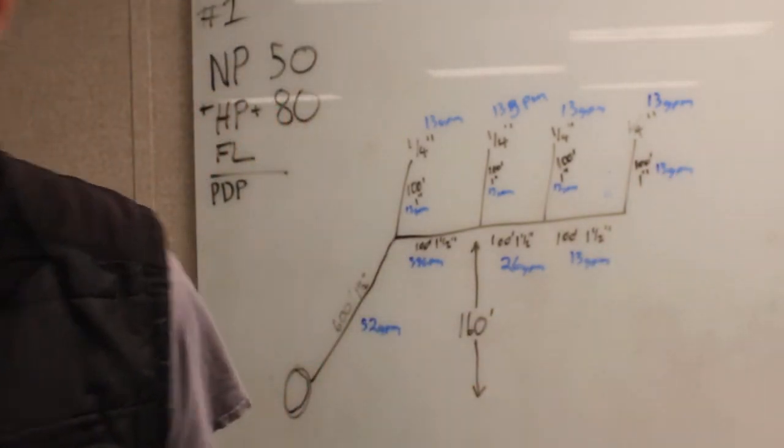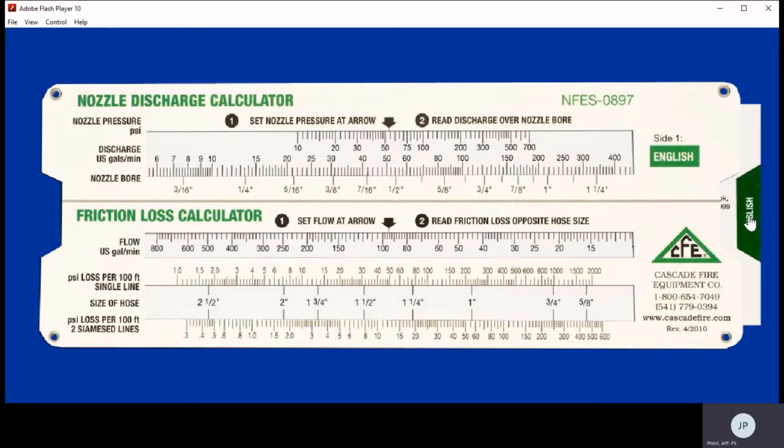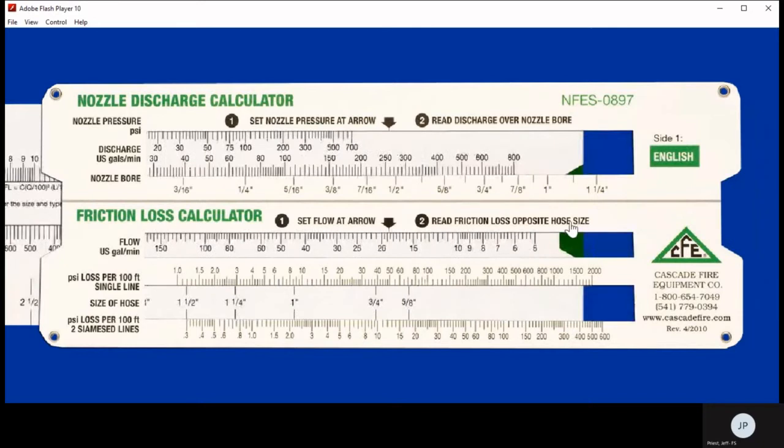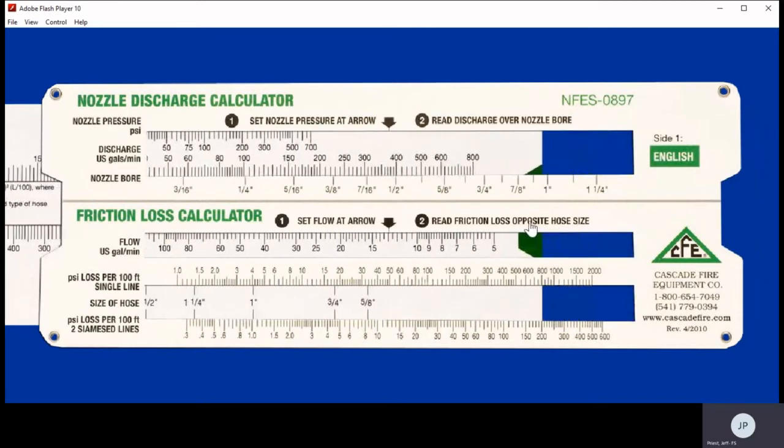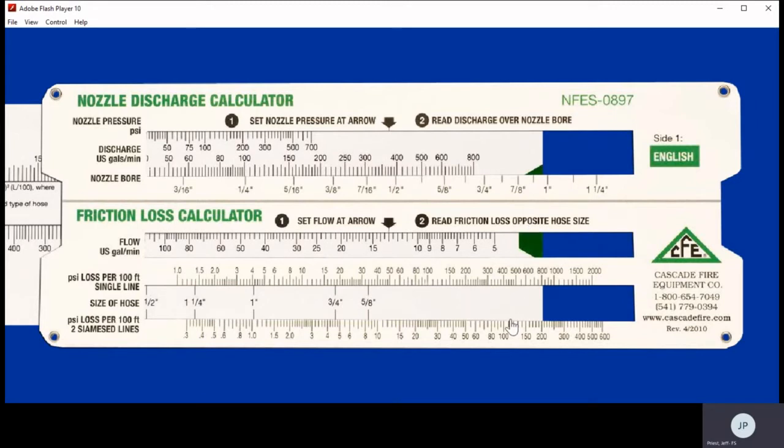I'm looking at 1 inch hose, 13 gallons per minute. I come down here and I go 15, 14, 13. I like to count backwards. I go 10, 11, 12, 13. 13 gallons a minute. And I'm looking at 1 inch hose.